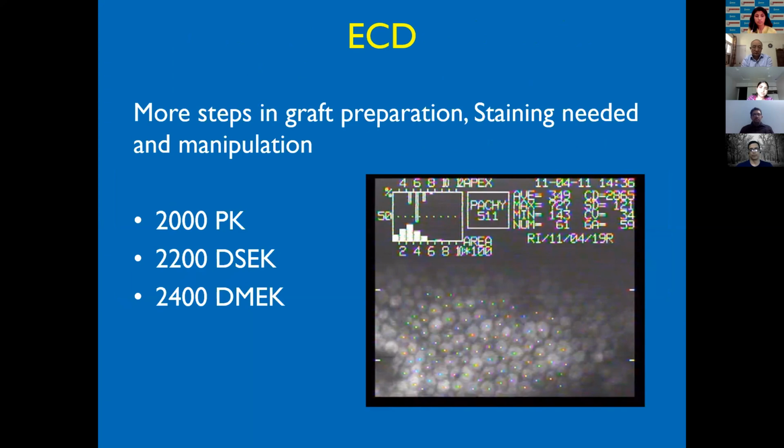And of course, you can choose based upon your indication. So your exact tissue characteristics may be dependent upon the patient's age, as well as the indication for which we are performing the surgery. For a patient who is of a little older age, obviously it is fine to use any age, and you may not ask for a very high endothelial cell density for those cases. That balance has to be maintained.